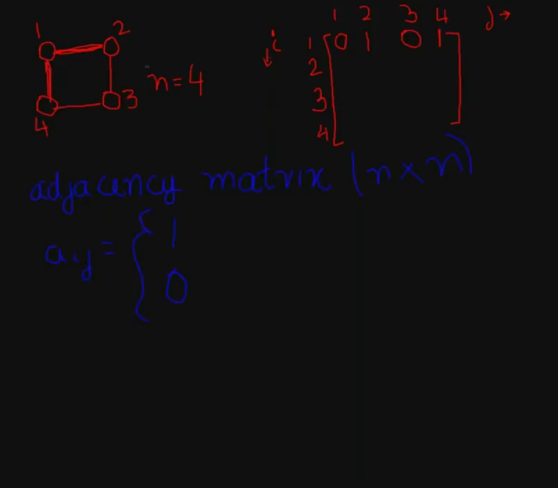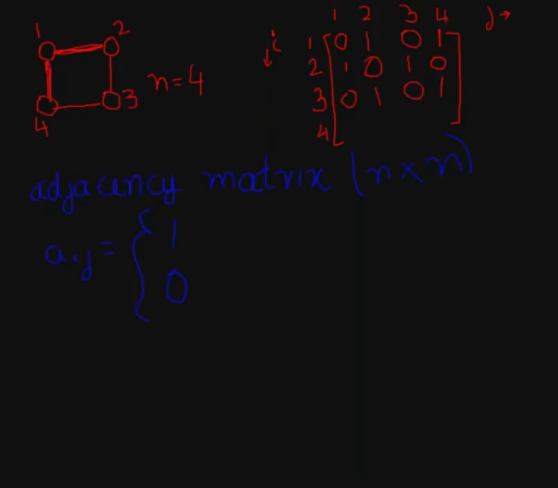So node 2 is connected to node 1, node 2 is not connected to itself, node 2 is connected to node 3, and node 2 is not connected to node 4. There's a 0 over here. Node 3 is not connected to node 1, sorry. It is connected to node 2. It is not connected to itself, but it is connected to node 4, so there's a 1 over here.